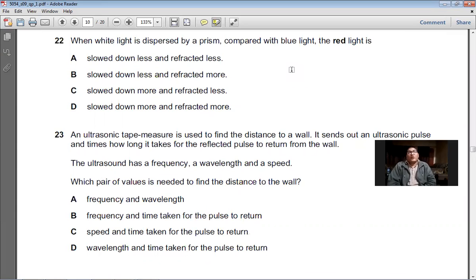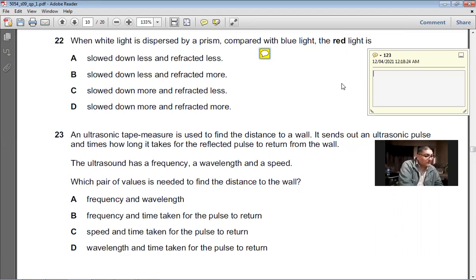When white light is dispersed by a prism, compared with the blue light, the red light is... Let me show you the code word, ROYGBIV: red, orange, yellow, green, blue.